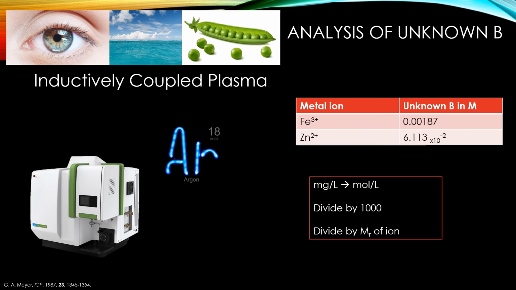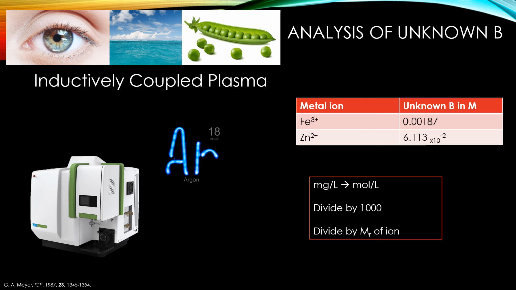Another way to test for ions in your unknown water solution is via ICP, also known as inductively coupled plasma. What it does is determine trace concentrations of an element based on its atomic emission spectra. It uses electric fields to ionize argon within the machine, which can then collide with the cations and anions in solution to cause further ionization.